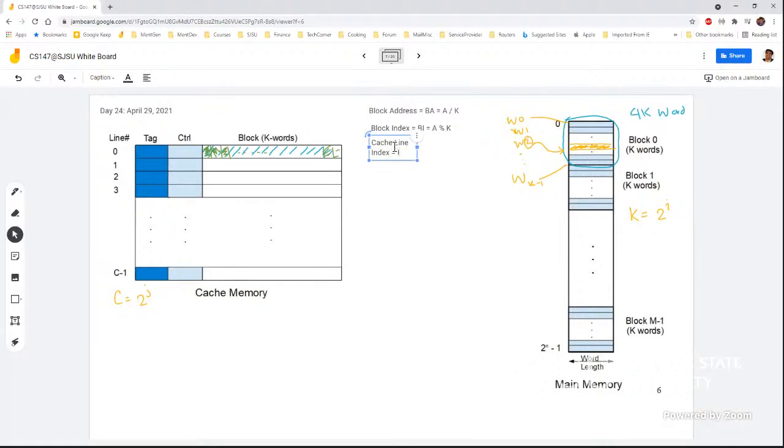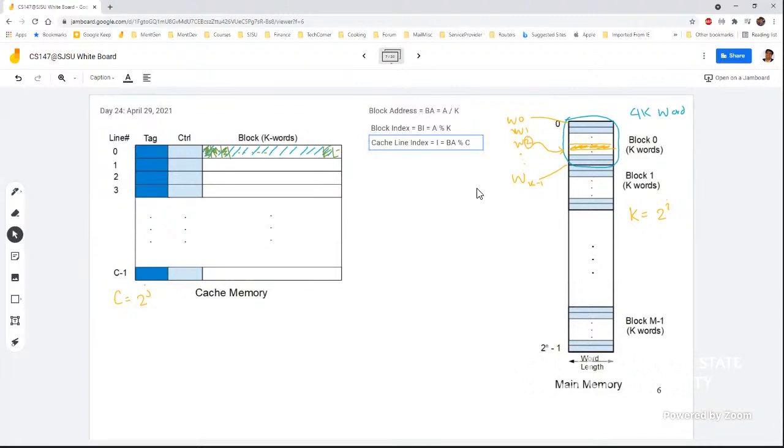Let's call it I, which is your block address BA that you calculated already by A div K, now it is BA mod C, where C is the total number of cache lines available in the system, which is also predefined. Each chip has a predefined number of lines in the cache, and it is in the definition of the system. So that's a constant.